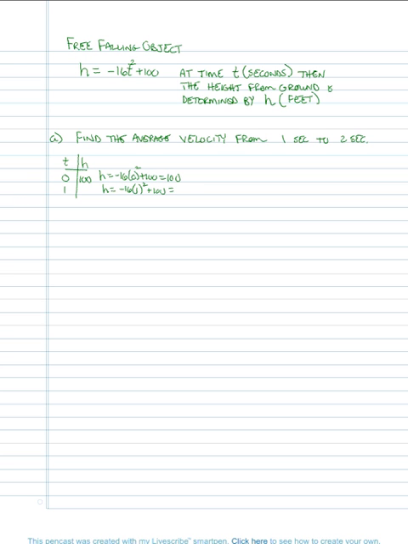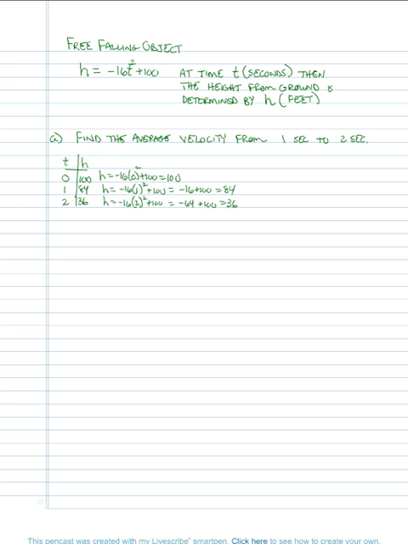So in this case, we calculate that to be negative 16 plus 100, which is 84. In a similar fashion, we can calculate the height after 2 seconds: negative 16 times 2 squared plus 100, which is negative 64 plus 100, which ends up being 36 feet. So after 2 seconds, it's 36 feet off the ground.